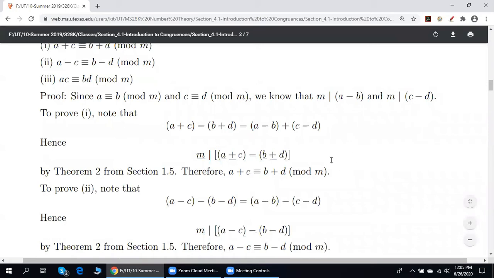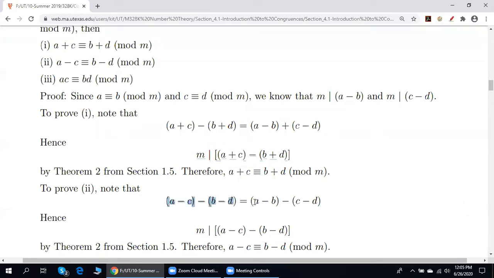Similarly, if instead of using this expression, we use this expression, in short, if we replace plus here and plus here by minus here and minus here, we get the following.